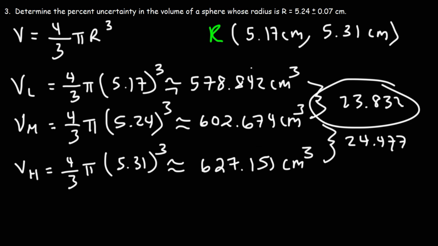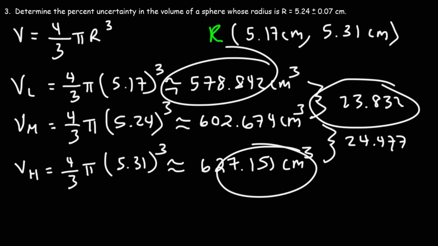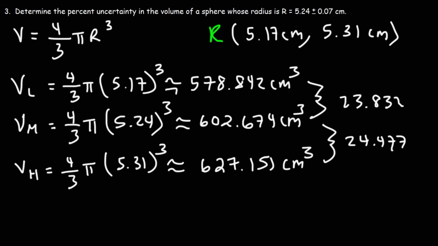So to make sure that we get both values in the range, I like to choose the greater of the two values, because this will give us the highest volume, and also it will overshoot the lowest volume on the other side as well. So I'm going to use this for the estimated uncertainty.